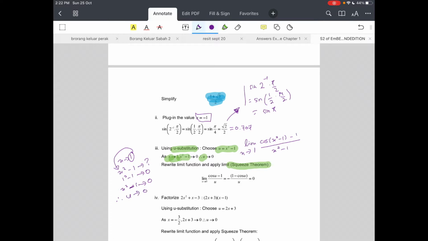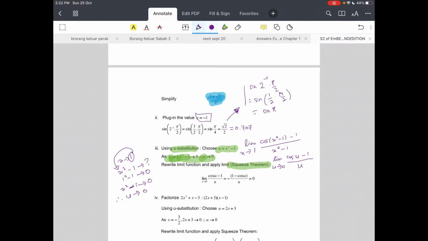So this is how we define the u limit, and then we can rewrite using the latest substitution. The limit as u approaches 0 of cos u minus 1 over u, since x squared minus 1 is also u.